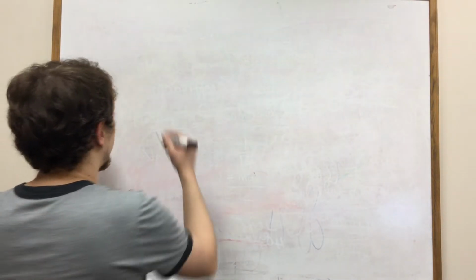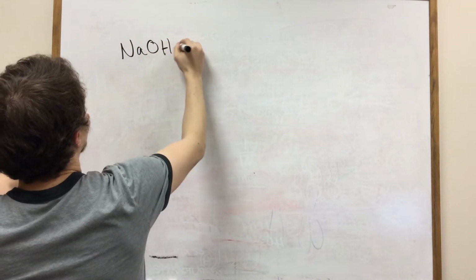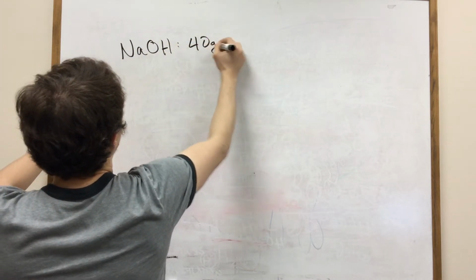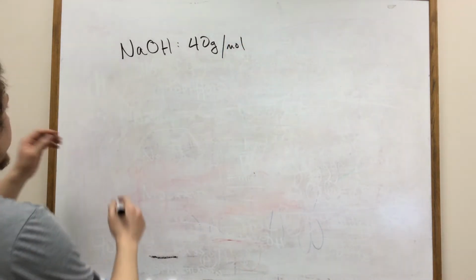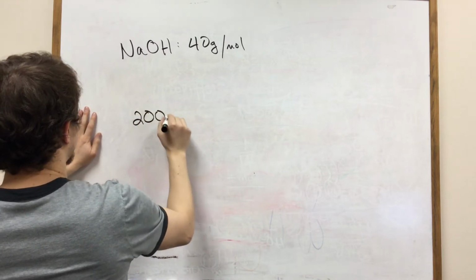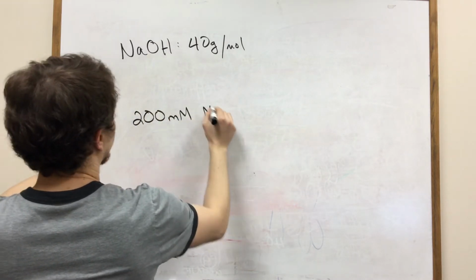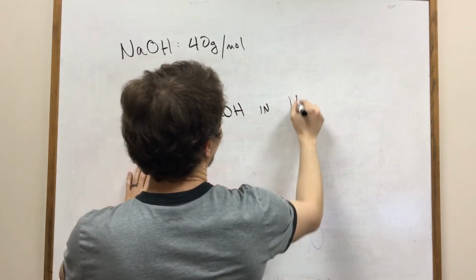So, still working with sodium hydroxide, let's look at a few different things. So we know again 40 grams per mole. So let's talk about several different types of sodium hydroxide solutions. Let's say that I want to make a 200 millimolar sodium hydroxide solution in 1 liter.